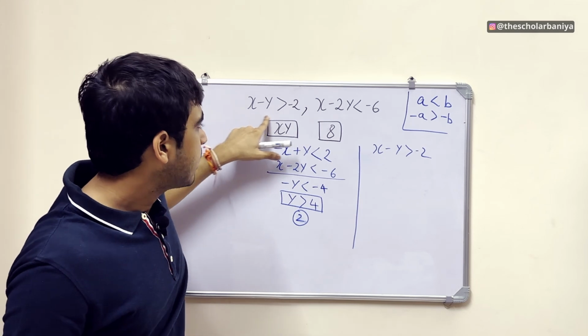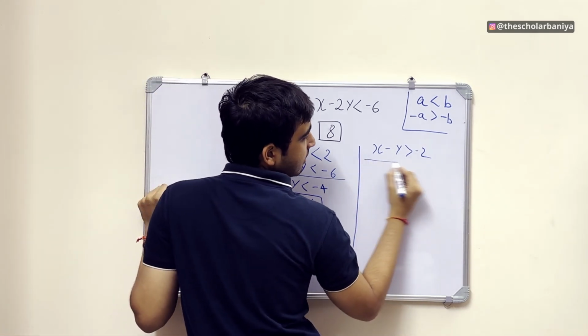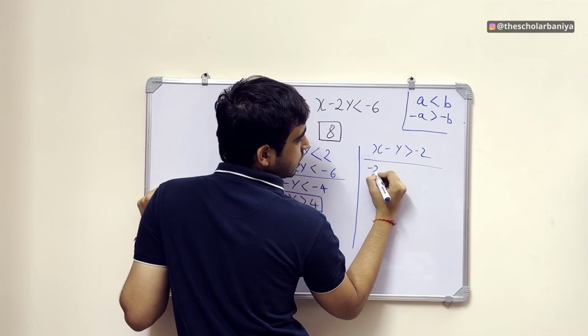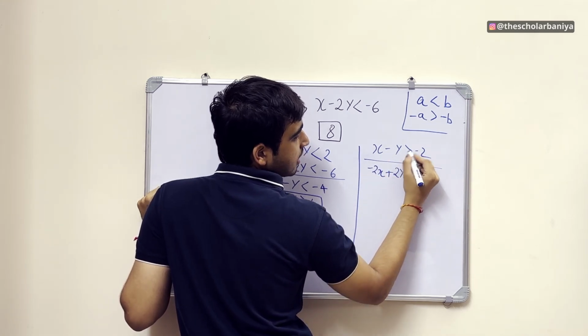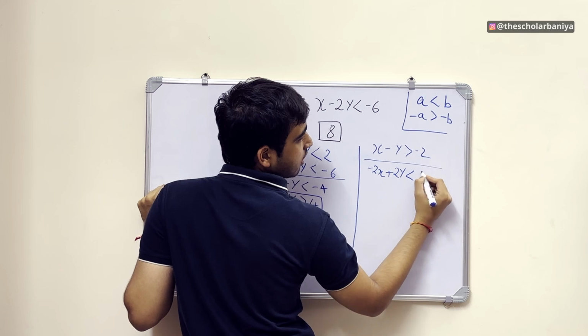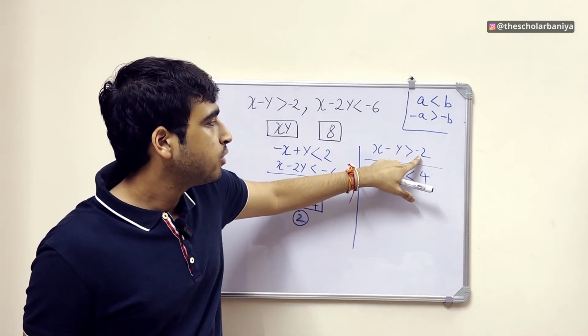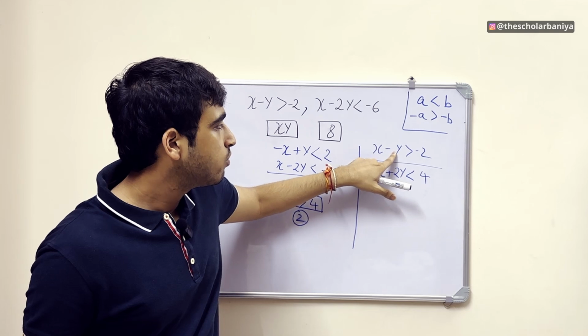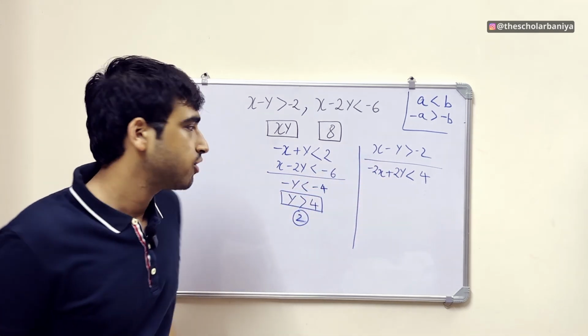So multiply this by negative 2. What we get is minus 2x plus 2y is less than 4. We multiply by negative 2, so negative 2y becomes plus 2y, this becomes negative 2x, and the sign gets changed.